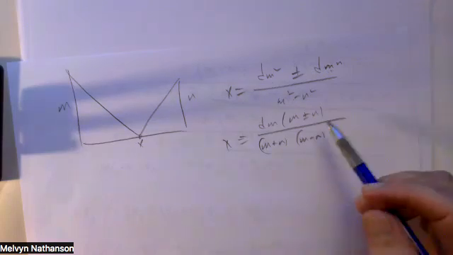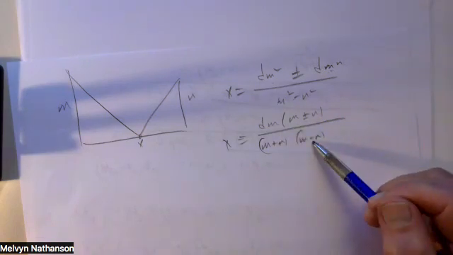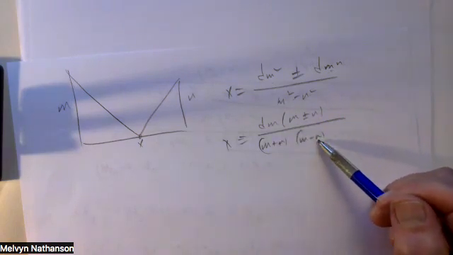And x is no bigger than d, so if this were dm over m minus n, that would be bigger than d.